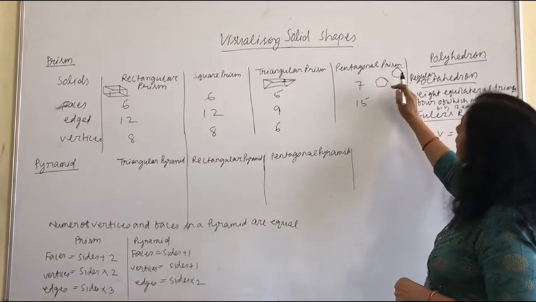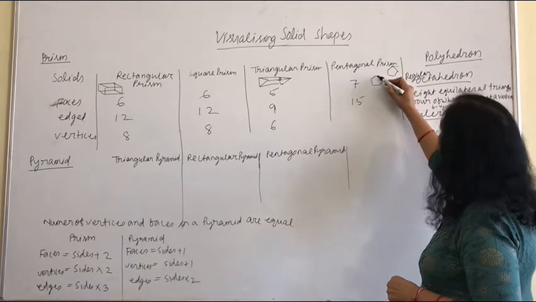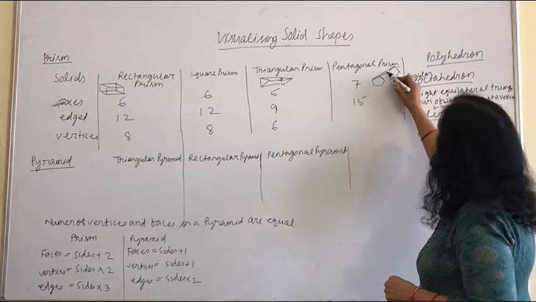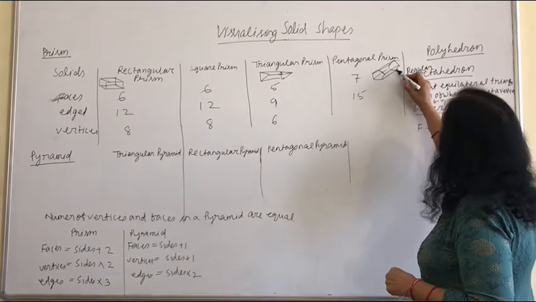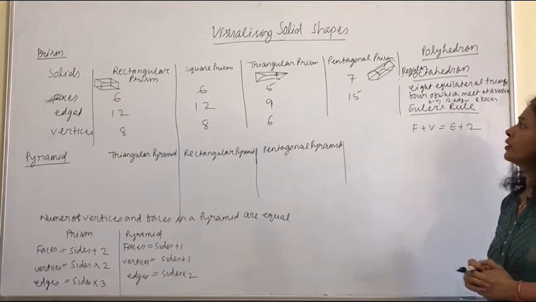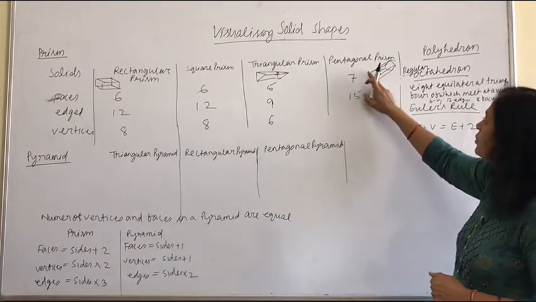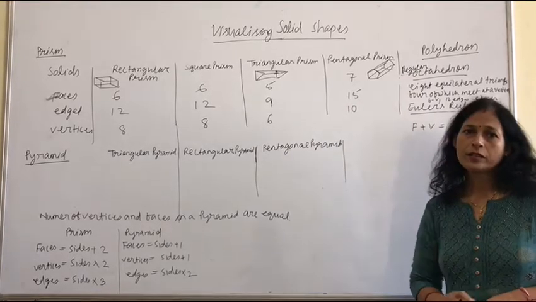Two pentagonal shapes, then you join them like that. This is your pentagonal prism. So 7 faces, then how many vertices? This is 5 plus 5, 10 vertices. Okay?